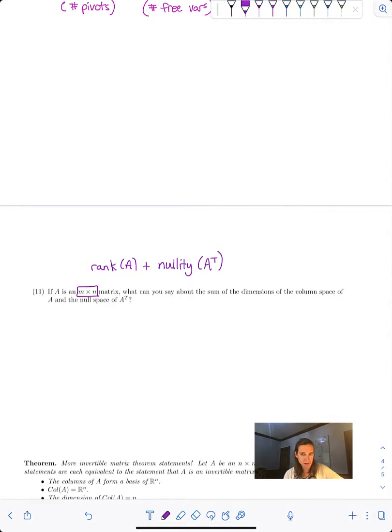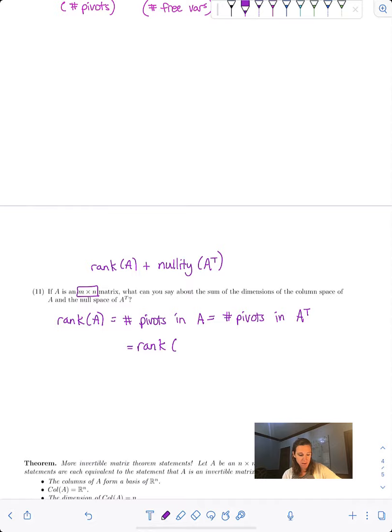Well, let's just try to understand a little bit about the rank. So the rank of A equals the number of pivots in A, which we've already seen is equal to the number of pivots in A transpose. So we can write that down. But that's the same thing as the rank of A transpose.